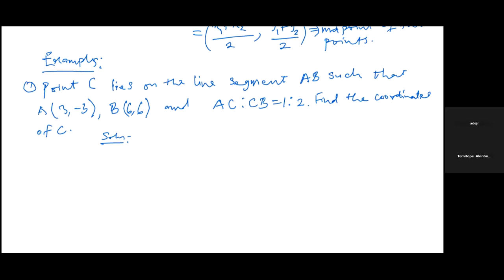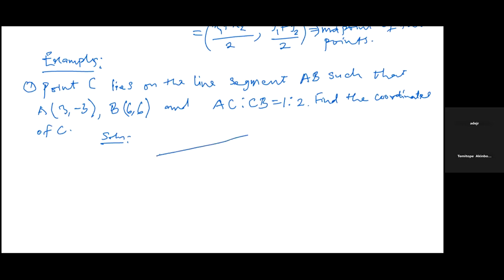So let's see the solution. Let me just put up a sketch. Though that may not be needed because it's synonymous to the one I put up, but for clarity, let me just put it up.